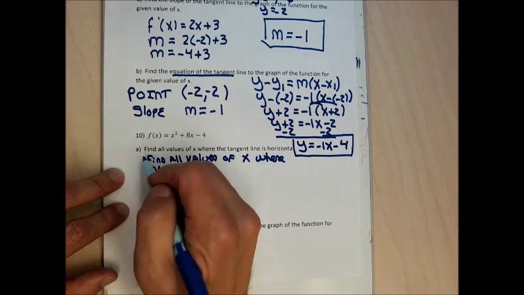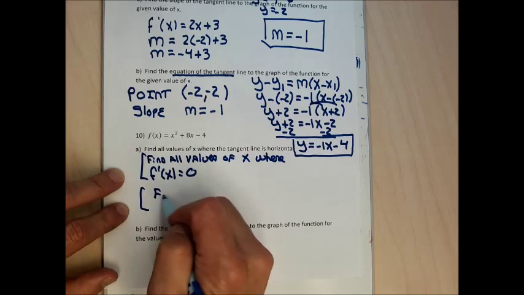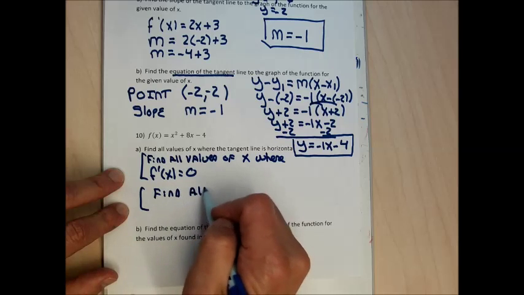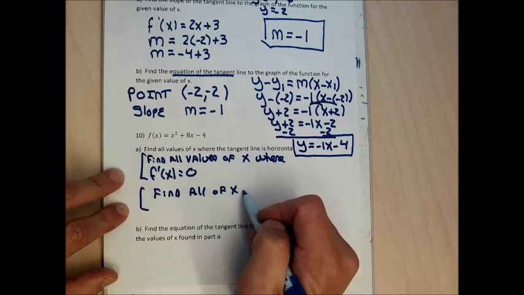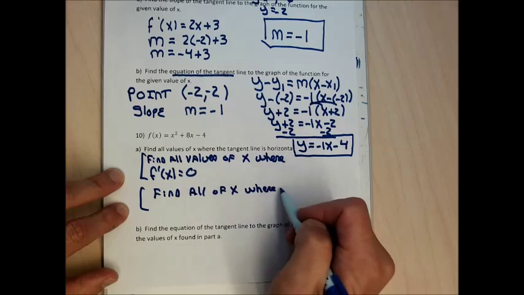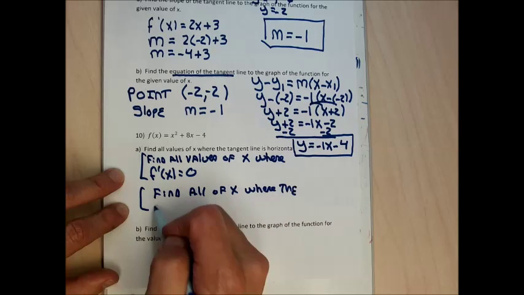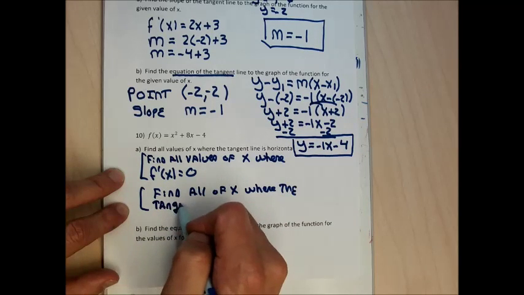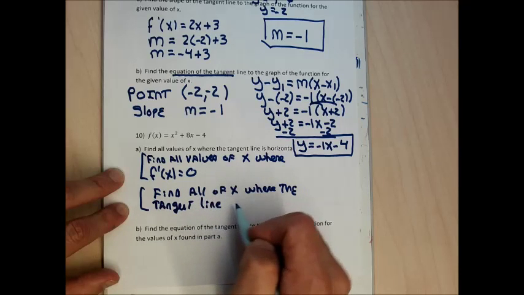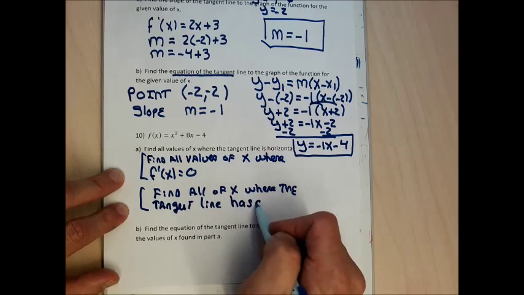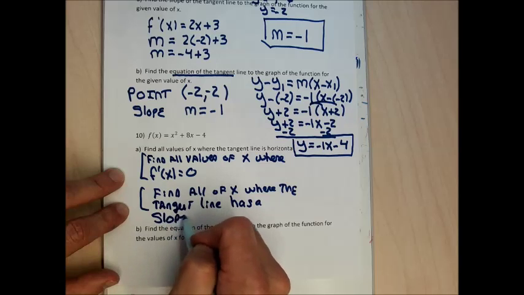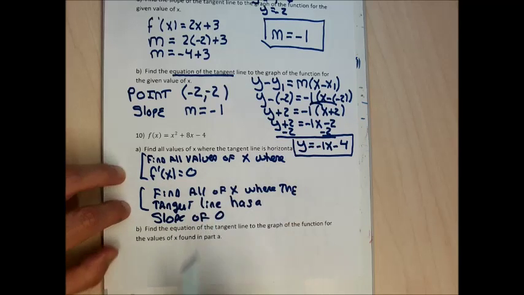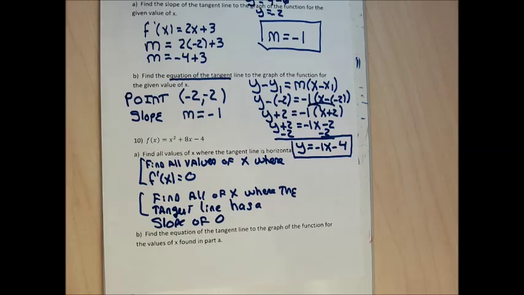Well, it's also similar or equal to saying find all values of x where the tangent line has a slope of 0. All these mean the same thing, and all three of those, all they ask me to do is take the derivative and set it equal to 0.